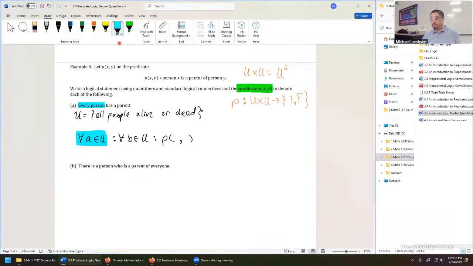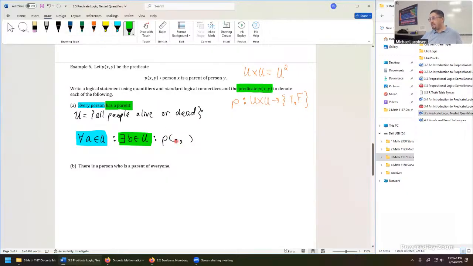I want to say for every person, there exists a parent, is another way to phrase this, right? So I feel like putting a for all here was possibly an error. Let's go with exists. There exists a parent. So there exists another person, either alive or dead, in the set U. But now that we've done that, we have to be very mindful. What goes in the first position? What goes in the second position? It says person X is a parent of person Y.